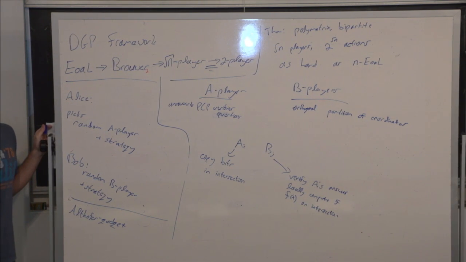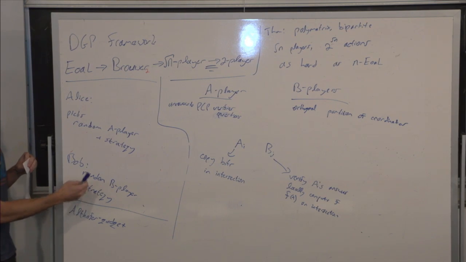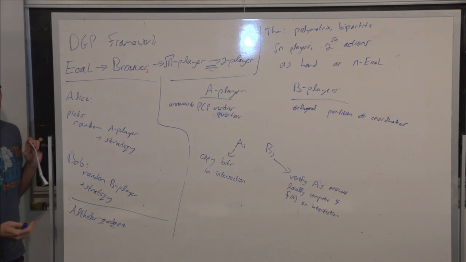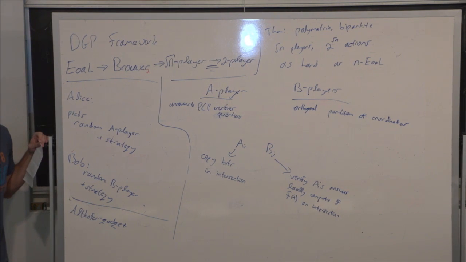So this log n over epsilon squared support is tight by this gadget. I'm not sure about the epsilon, but the order of log n support is tight by this gadget, and we actually use them to have large support. So the random A player and random B player, they're actually choosing them approximately at random.